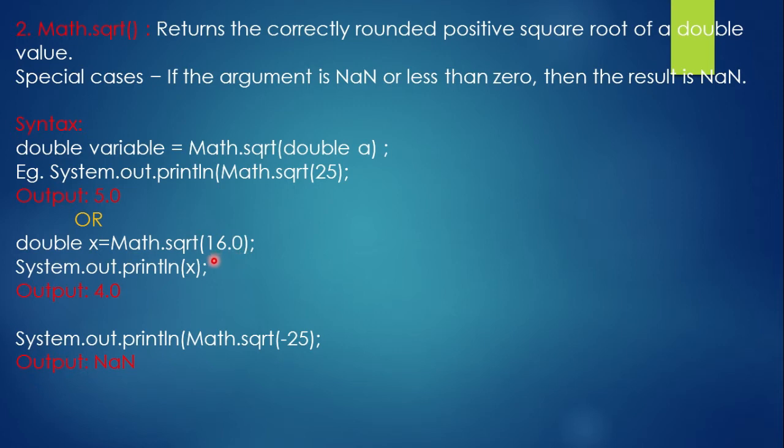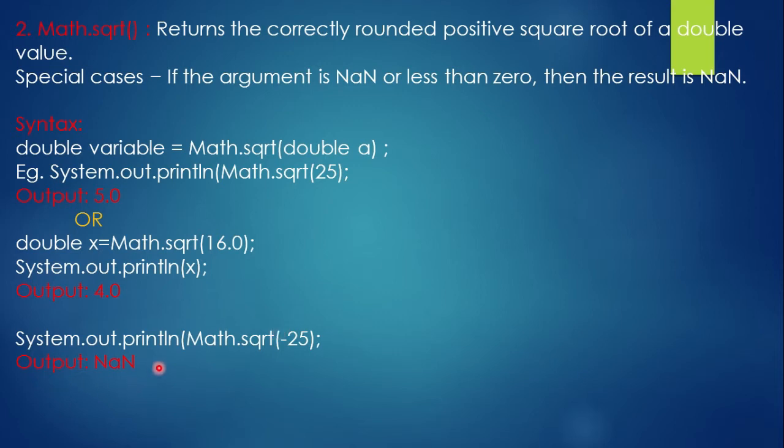We are giving the argument 16.0. Then what will your answer be? 4.0. If you give 16, then also your answer will be 4.0 only. The next example, math.sqrt(-25). See here the negative number, minus 25.